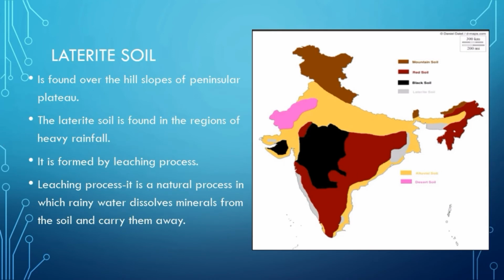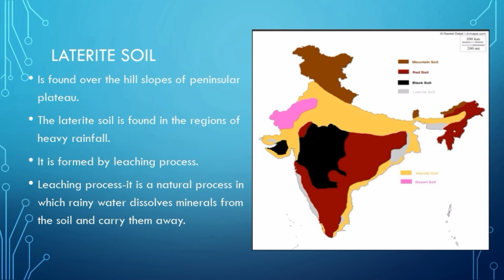Let's learn about laterite soil. It is found over the hill slopes of the peninsular plateau. Laterite soil is found in regions of heavy rainfall. It is formed by the leaching process. Now let's know what the leaching process is.